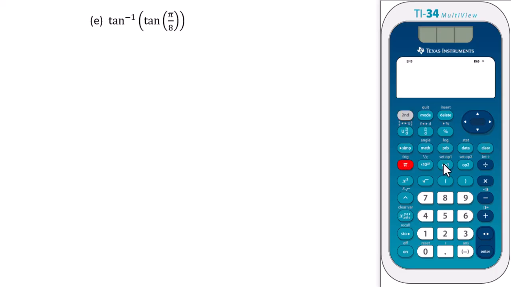So access the trig menu, and the tangent, option 3, of pi divided by 8 is approximately 0.41. So we can replace the tangent of pi over 8 with 0.41. Now keep in mind we're just recording this in 2 decimal places. We're going to try and use the more exact value that's in the calculator so that we don't have round off error in our answer.